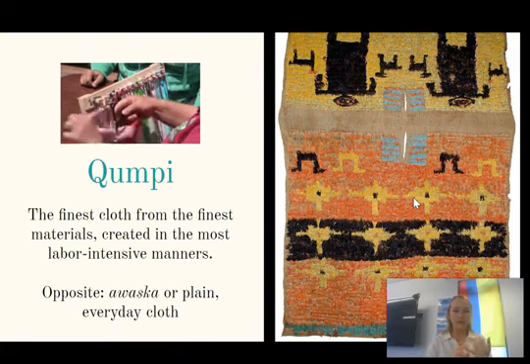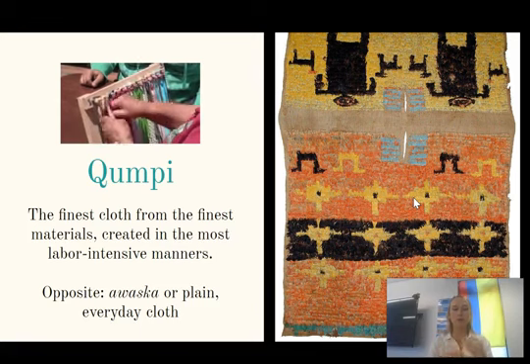So qumpi cloth could be really fine alpaca, baby alpaca wool, which is very, very fine and very, very soft. We do have metalworking in the Andes a lot more than what we have up in Mesoamerica. We'll see a lot more gold working and silver working, and people actually made gold thread.